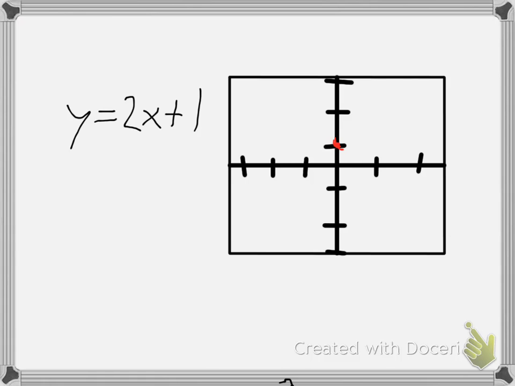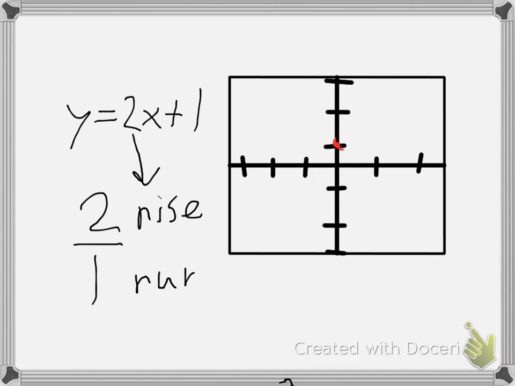From this point, we can graph all of our other points by using the slope. And by doing this, we'll use rise over run, like I stated earlier. Since our slope is 2, we can rewrite this as a fraction, which would be 2 over 1, 2 being the rise and 1 being the run.